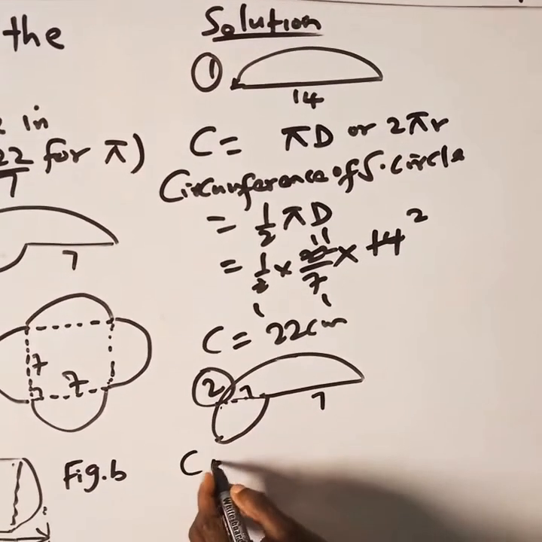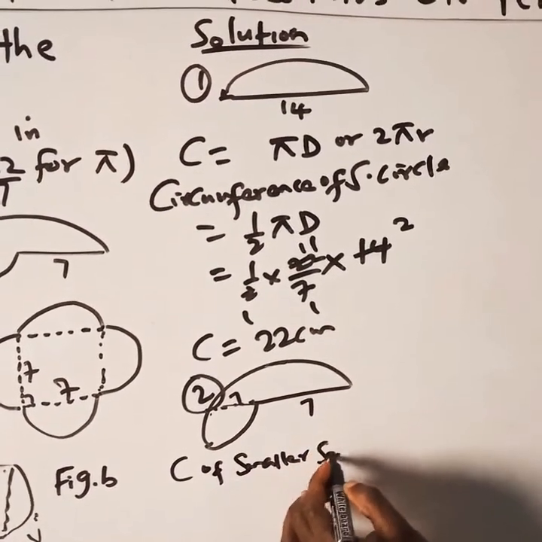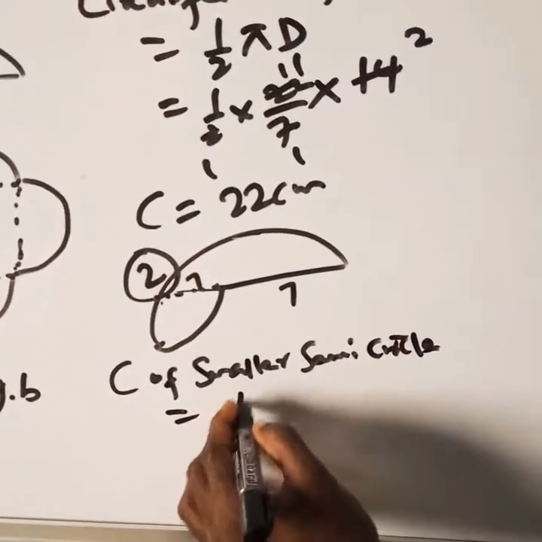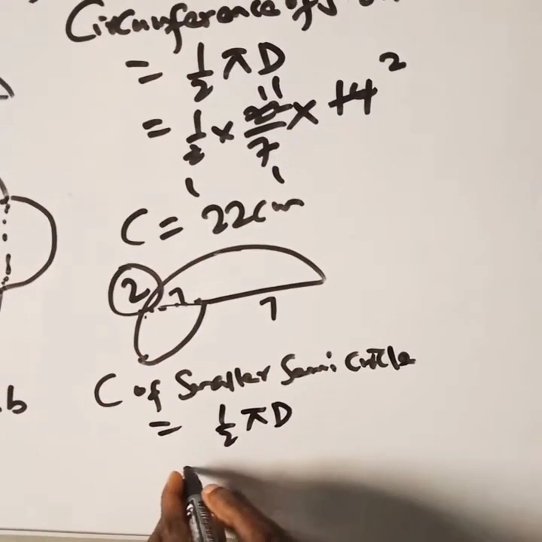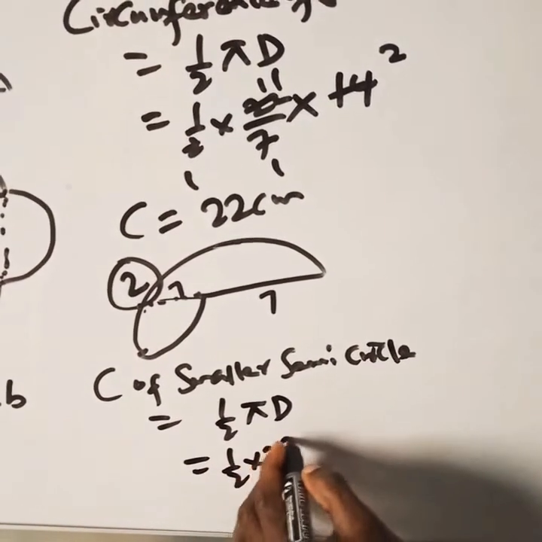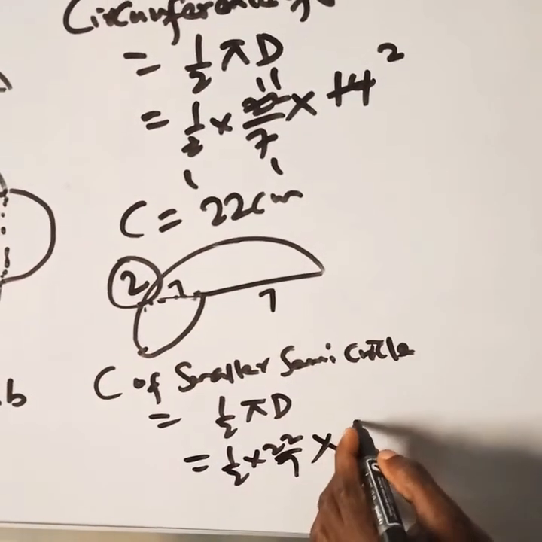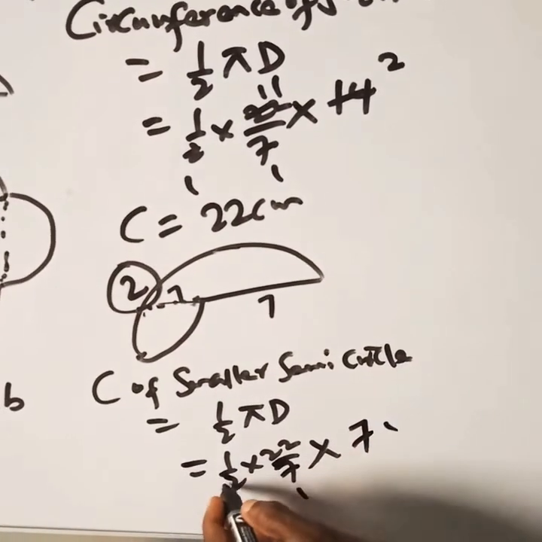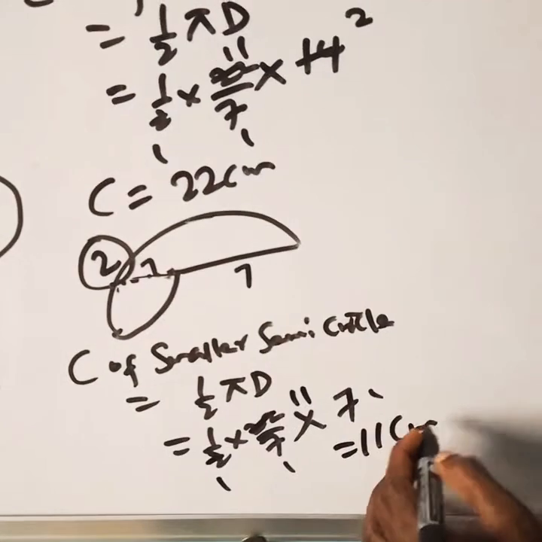The circumference of the smaller semicircle will be half pi d, that is half times 22/7 times the diameter, 7. So we have 11 centimeters.